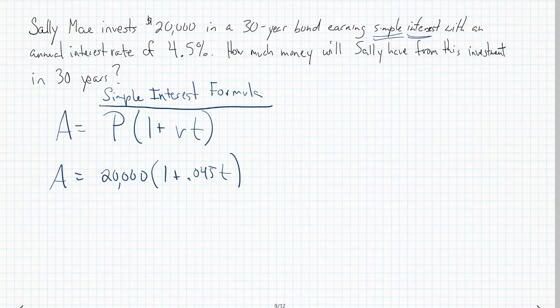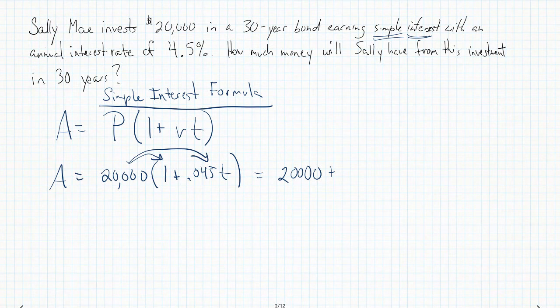What this tells us, we can even multiply the 20,000 on through if we like. So if you multiply 20,000 to both parts, you have to distribute it. So you get 20,000 plus, and when we take 20,000 times 0.045, we should get 900.